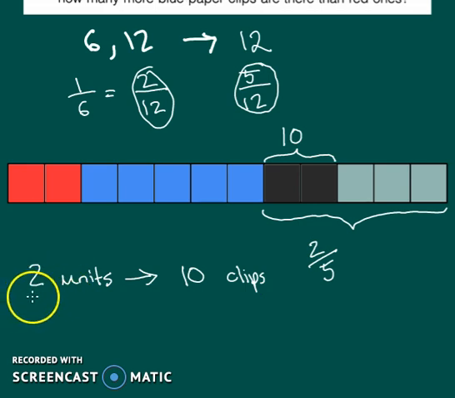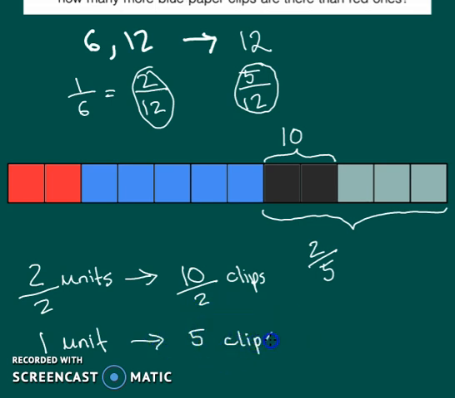Well, how do we get from 2 to 1? We divide by 2. We will have to divide by 2 on both sides. So 1 unit contains 5 paper clips.